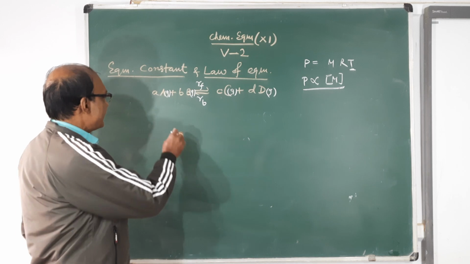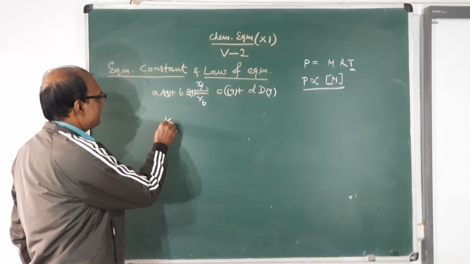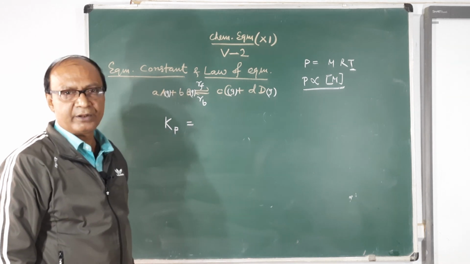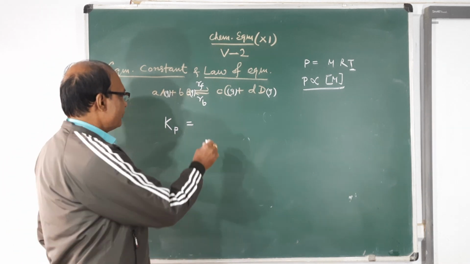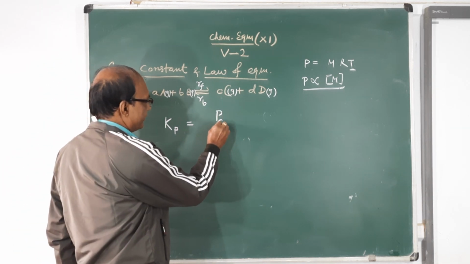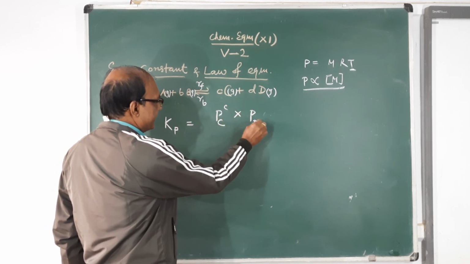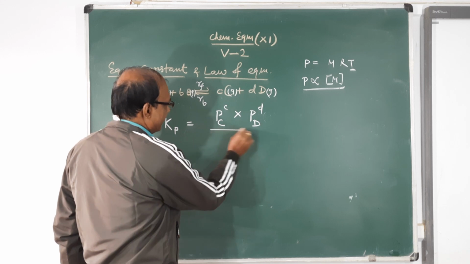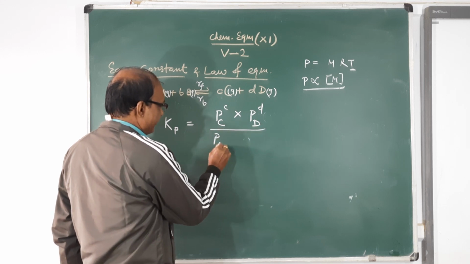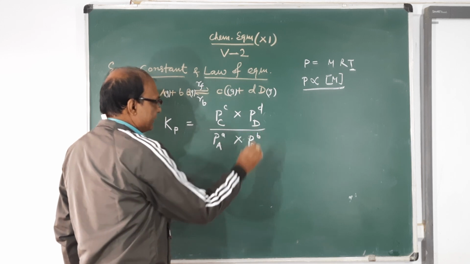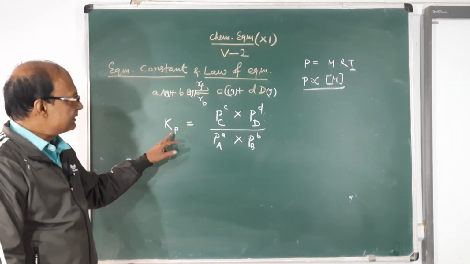Therefore, when you write the expression of the equilibrium constant in terms of partial pressure, this equilibrium constant is denoted as Kp. Kp equals partial pressure of C power c into partial pressure of D power d, divided by partial pressure of A power a into partial pressure of B power b. So this is similar to Kc.